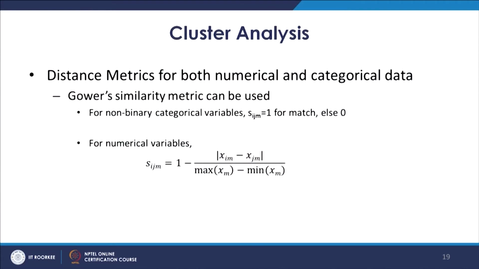That means for two observations, here observation i and j, and for a particular variable with 3 categories, if they have the same attribute, the same category for that variable, then there is a match.